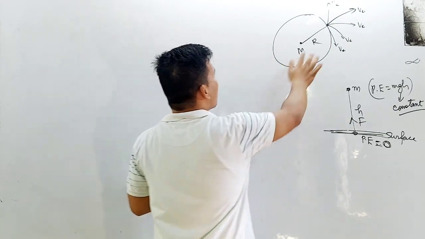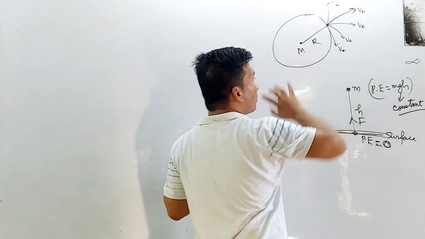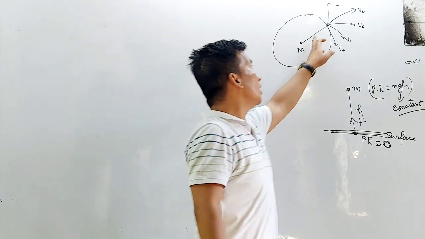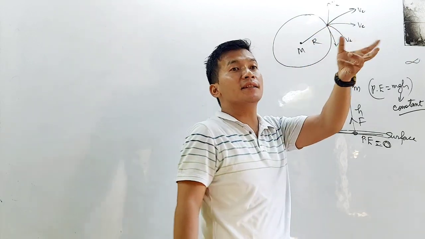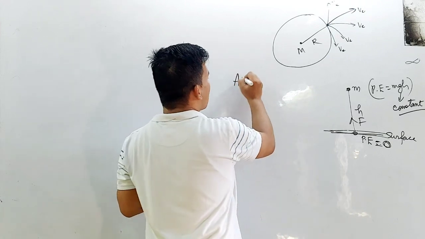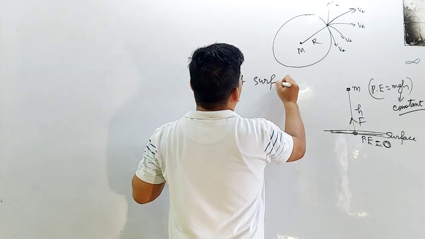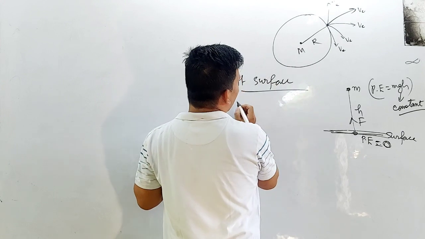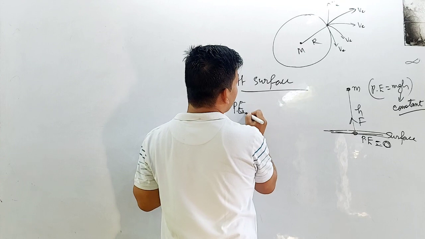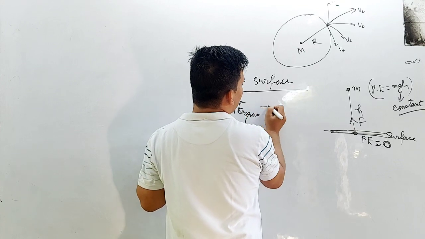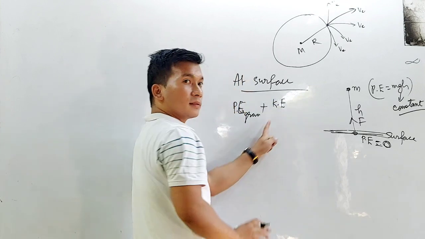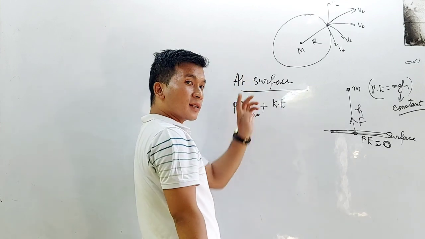On the surface of the earth, it will possess gravitational potential energy plus some kinetic energy. Kinetic energy is due to projection.